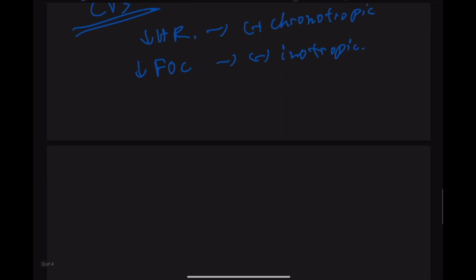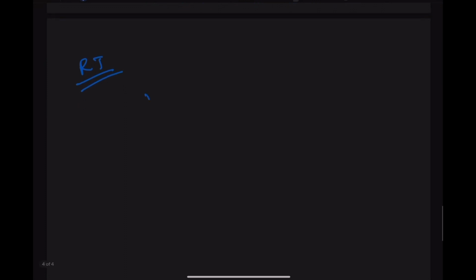Okay, they also have the negative dromotropic effect, because they decrease the AV conduction. Okay, slows the AV conduction.